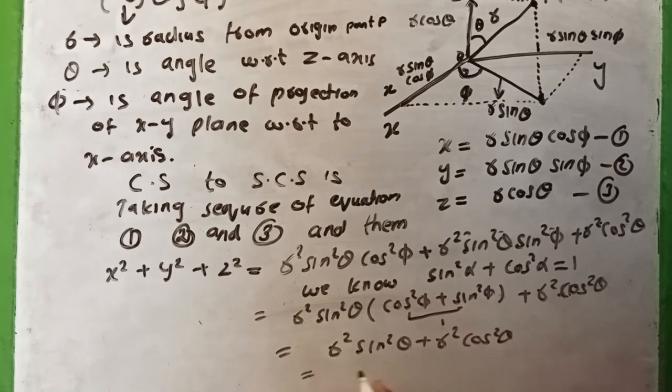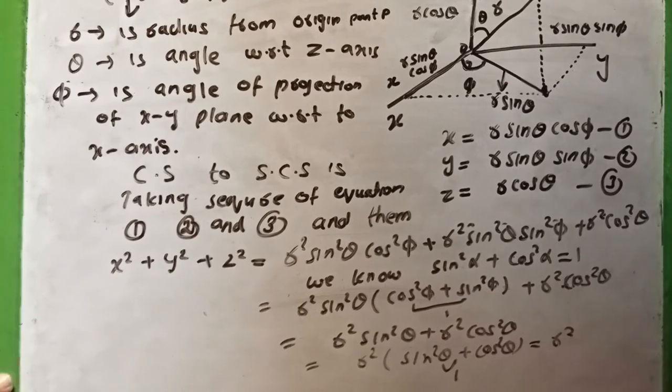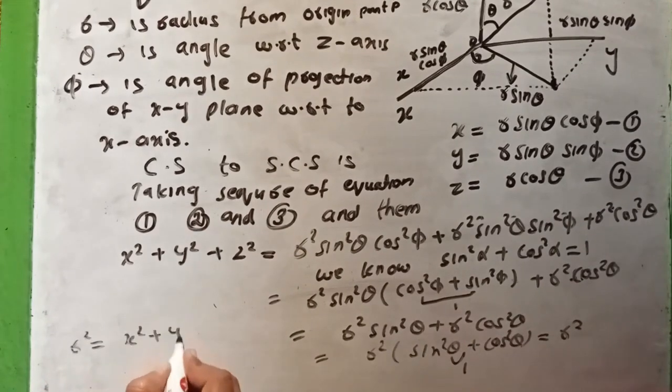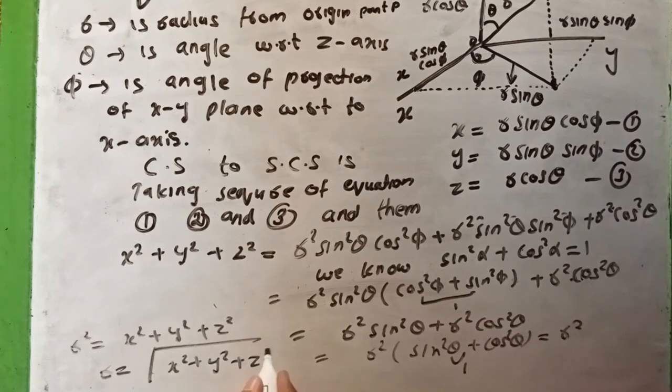Again take common r square, so this becomes sin square theta plus cos square theta. Again this term is equal to 1. So this is equal to r square. So r square is equal to x square plus y square plus z square, and r is equal to square root of x square plus y square plus z square.